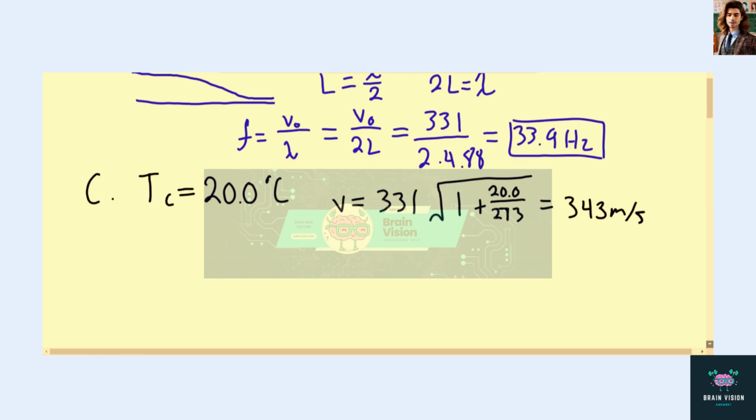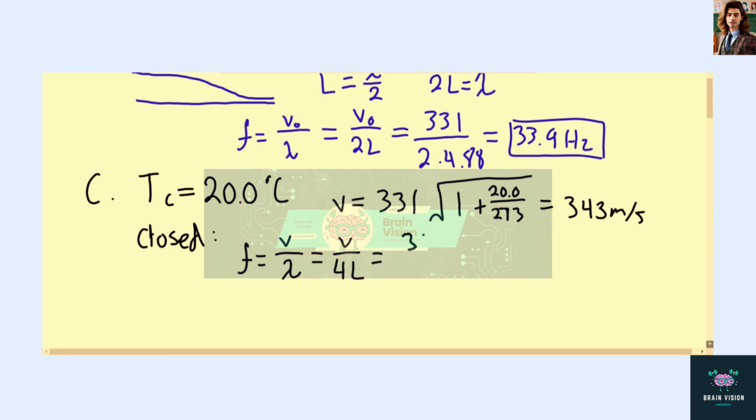And then we just redo the calculations from both part A and part B using 343 meters per second for our V instead of 331. So for the closed tube, I'll write this in the black pen like we did before. We just use the same formula as before. So F is equal to V divided by lambda. But lambda is equal to 4L, so it's V over 4L.